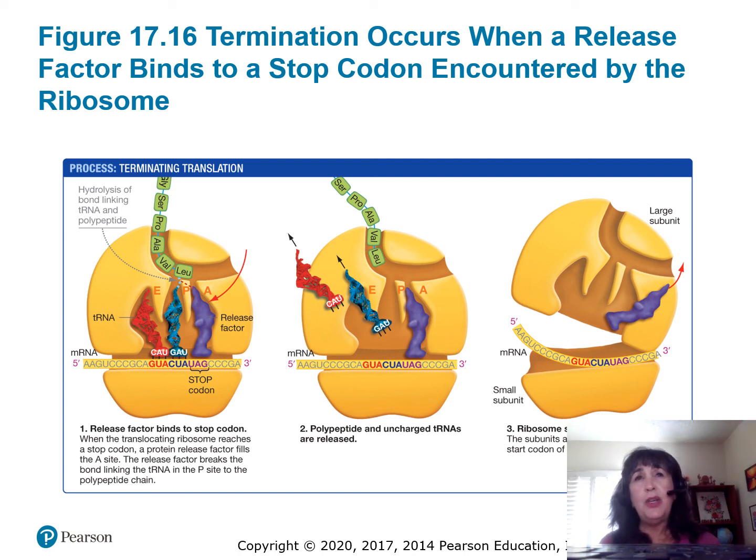What it's going to do is sort of clip off everything, and when it does, the plug remains there, and it's sort of like a clipping mechanism which releases everything, and everything is released and disconnected. The protein that was read from the messenger RNA is released. The large subunit is disengaged from the small subunit of the ribosome, and the messenger RNA is also released so that other ribosomes can make copies.